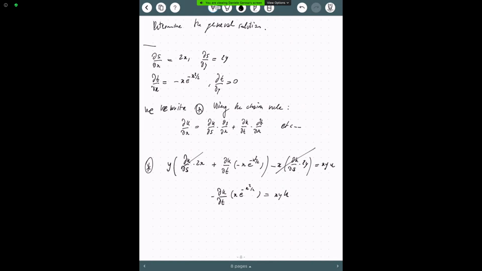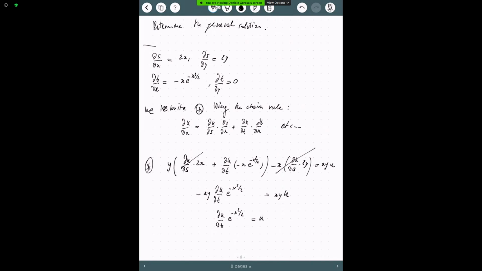Yeah, there is a y also in front here. Okay, let me rewrite. So I have minus xy times du dt times e to the minus this. So now if x and y are different from 0, I can just divide, and I get this equal to u.